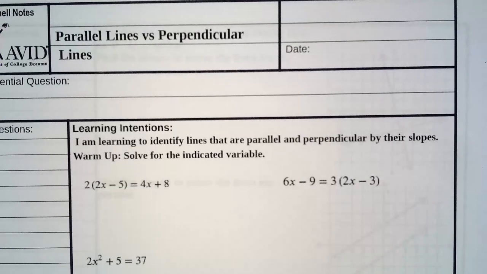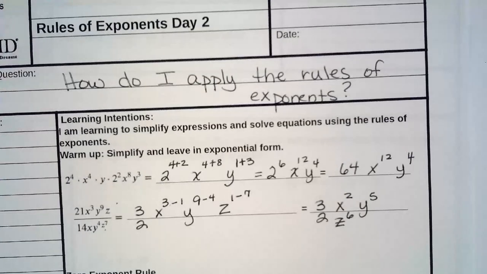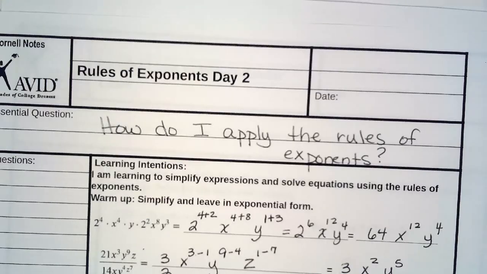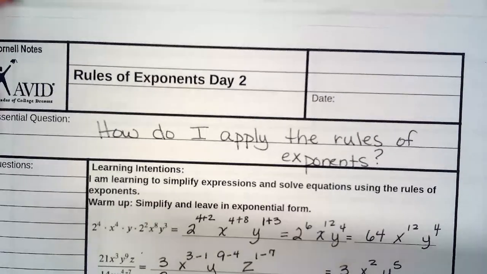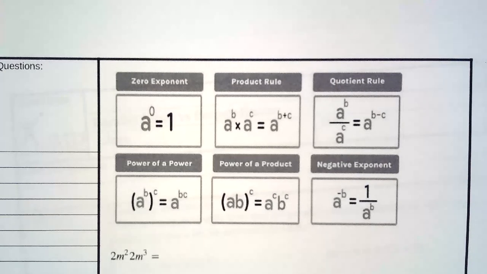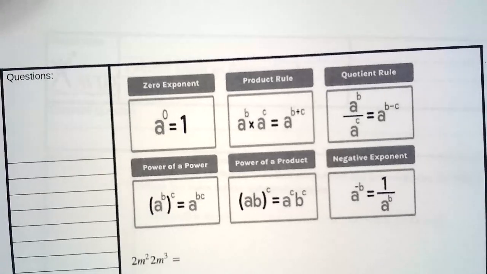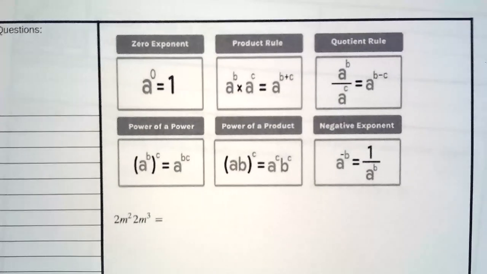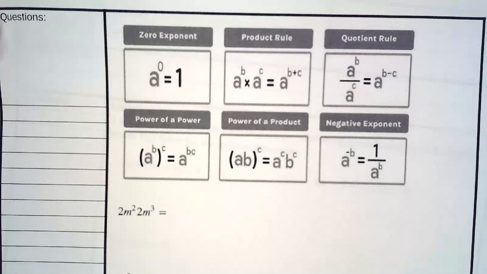Okay, now, here are all the rules put together. It shows you all the rules of exponents in a nice chart. Make sure you copy those into your rules that you can use on your tests and quizzes.